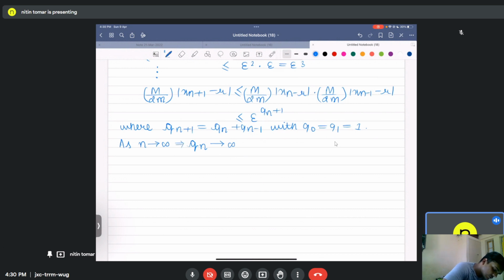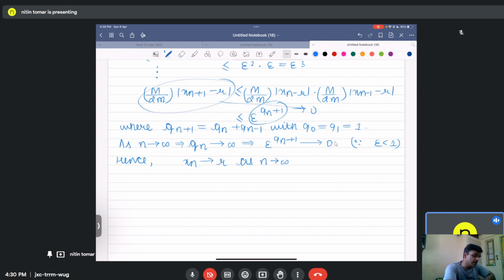And as q_n goes to infinity, this implies epsilon to the q_{n+1} goes to 0, right? Because epsilon is strictly less than 1. So hence this shows that x_n converges to r as n goes to infinity, because this side goes to 0, so this side will also go to 0.